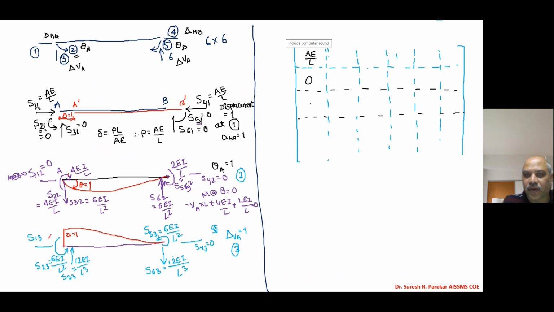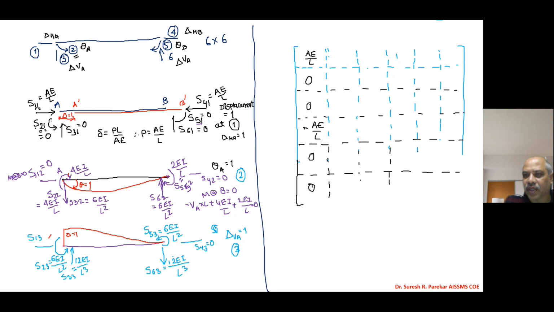Then again we have 0. Then we have S at 4 due to 1. If we see at 4 due to 1, we have -AE/L. Then you can have at 5. So we have at 5 again 0. And 6 also we have 0. So we are going in this fashion.